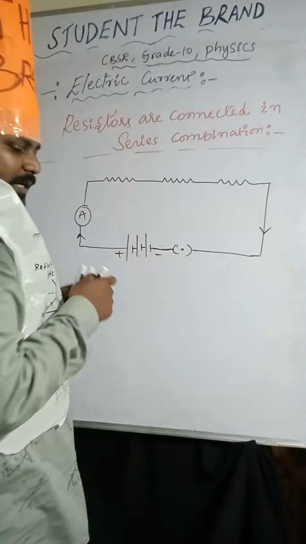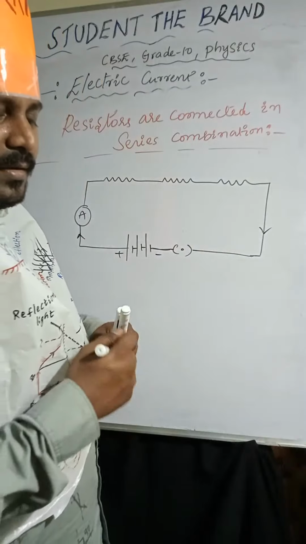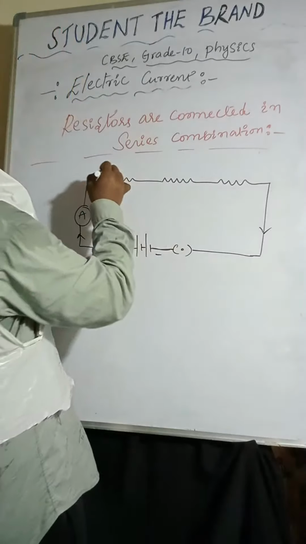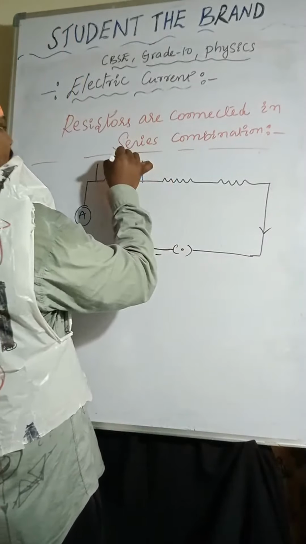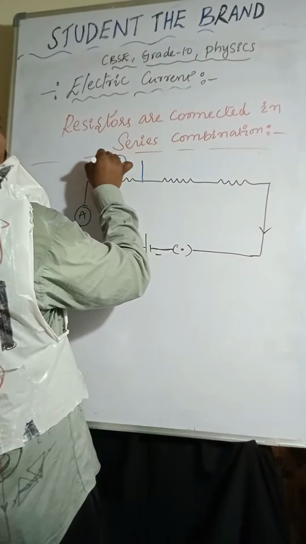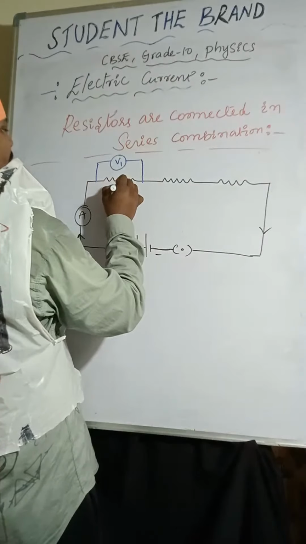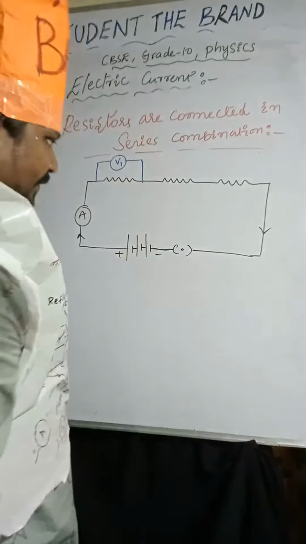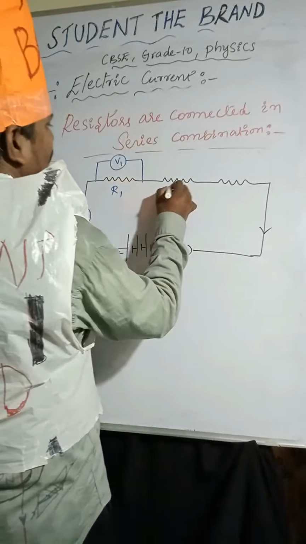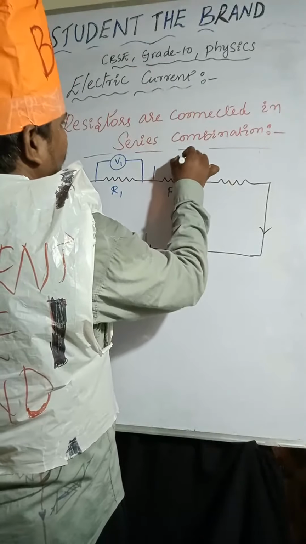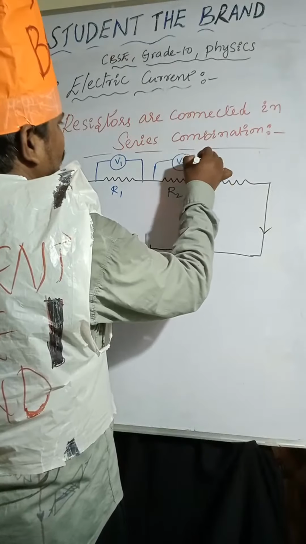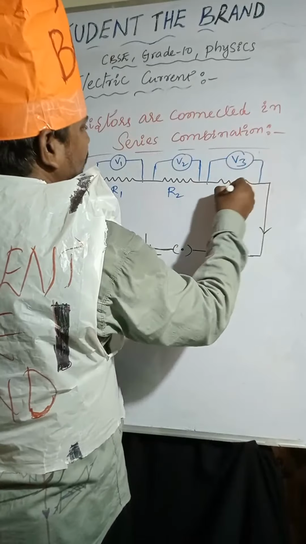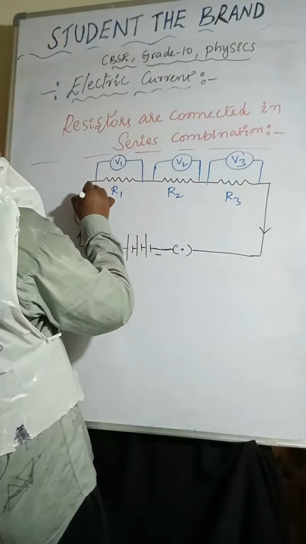Across R1, I am connecting V1. Then R2 with V2, and R3 with V3. So current is flowing.